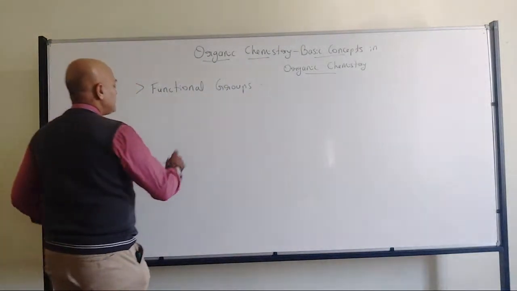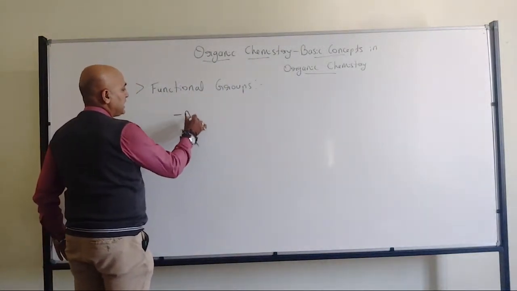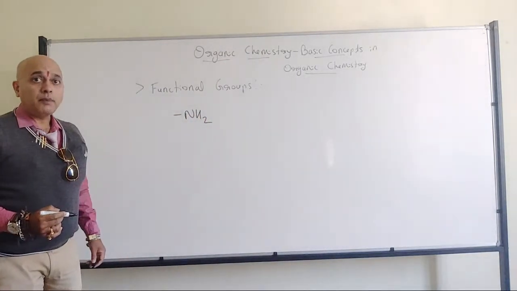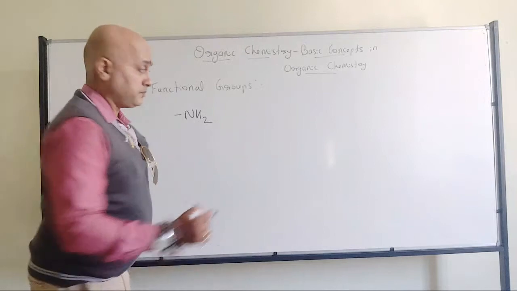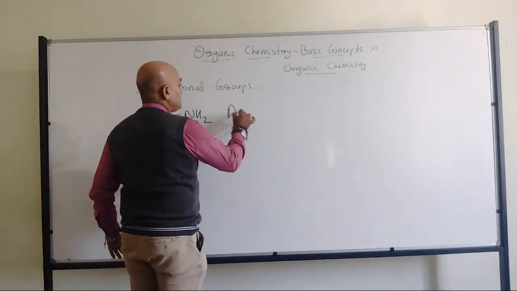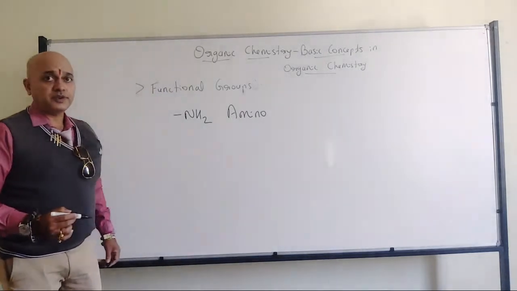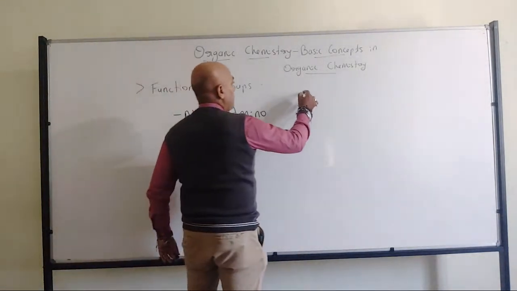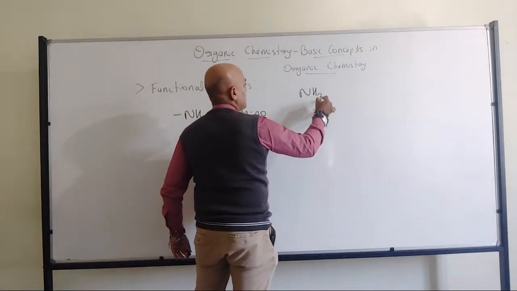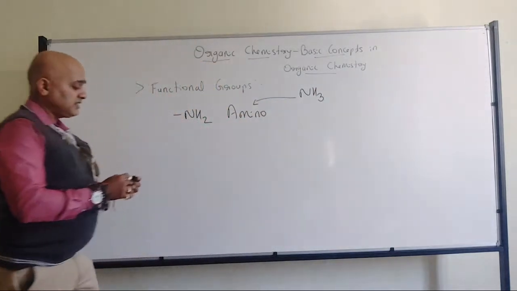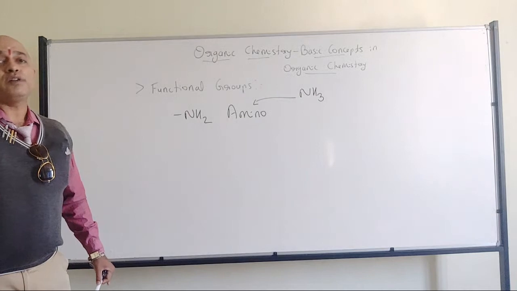Then we have another functional group, which is called the amino functional group. Amino group, since it is derived from ammonia. Since it is derived from ammonia, that's why we have the amino functional group.